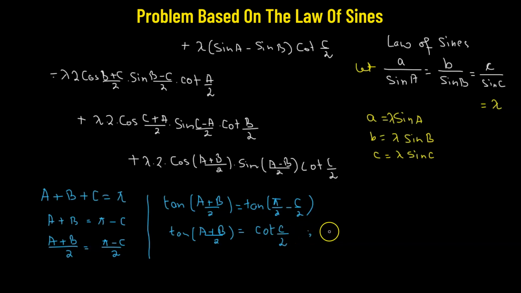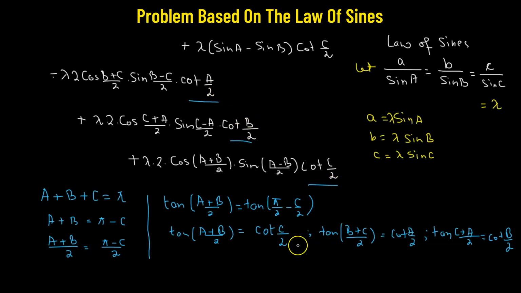Similarly, tangent of B plus C over 2 will be equal to cotangent of A over 2, and tangent of C plus A over 2 will be equal to cotangent of B over 2. So we're going to replace the cotangents with the respective values.